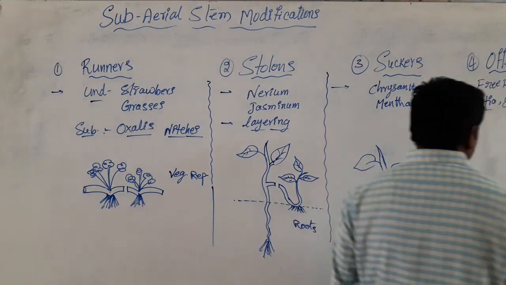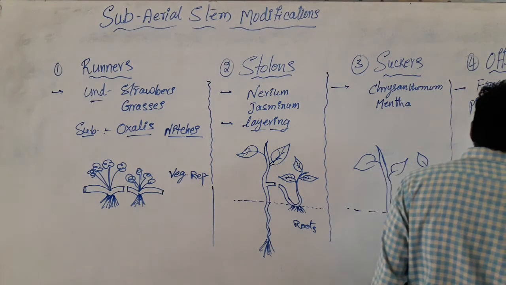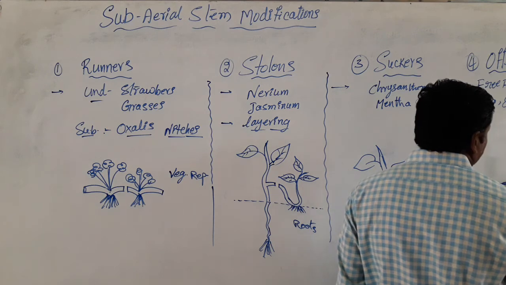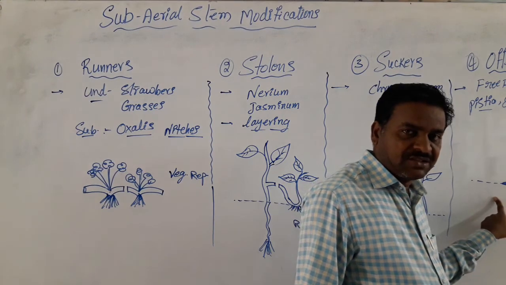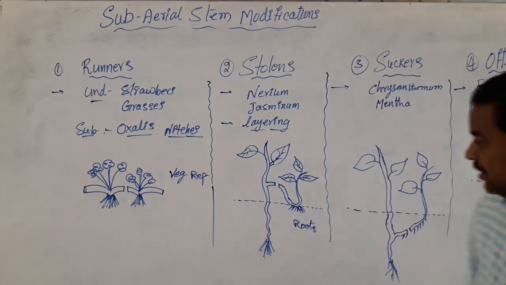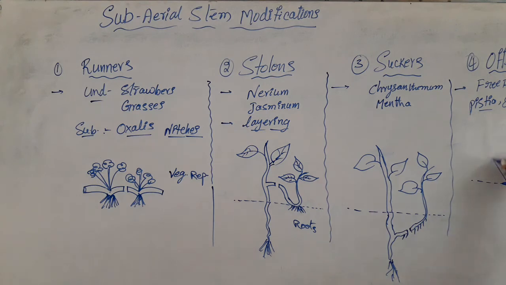Here, for example, this is the water surface, and in this type of plants, the stem is reduced into a biconvex, disc-like structure. The stem produces a number of leaves in rosette manner towards the upper side, and also produces a number of balancing roots towards the lower side like this.